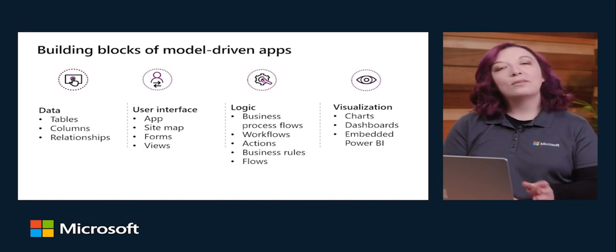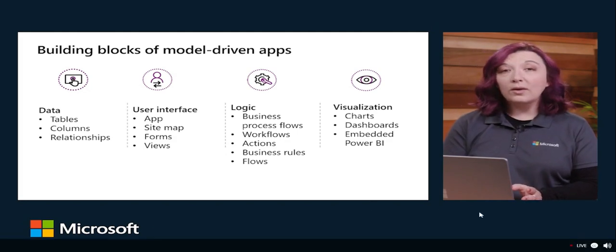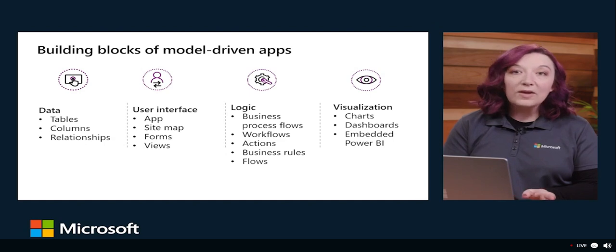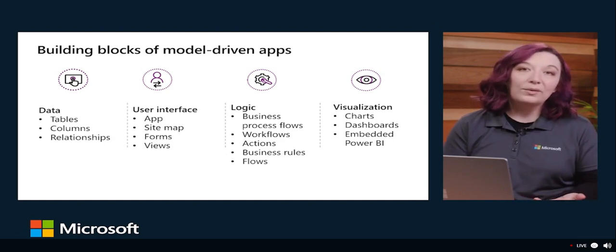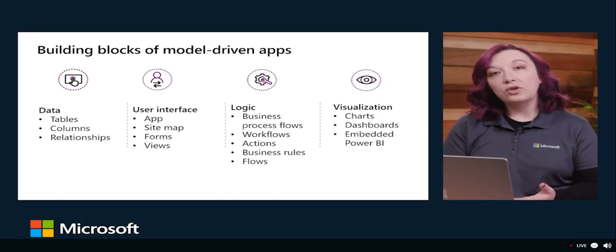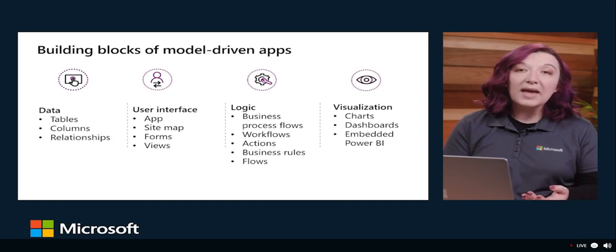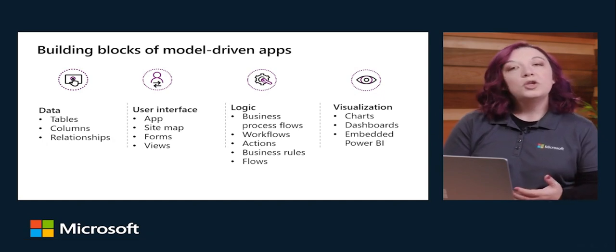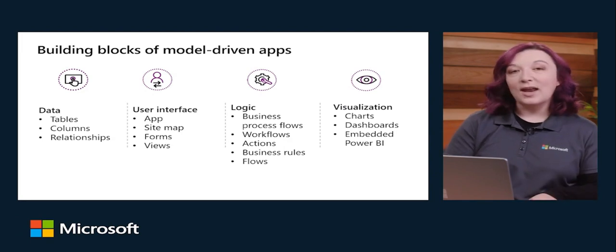And finally, the visualization components determine what type of data and reporting the app will show and have available, and which designer is used to create or edit that component. Visualization options include charts, dashboards, or you can even embed a Power BI report. You might decide to use one or all of these options in your model-driven app.